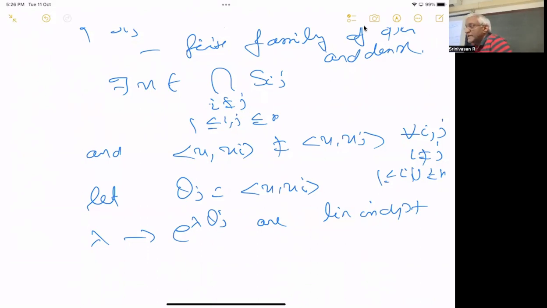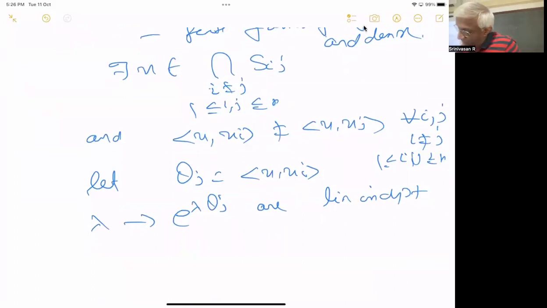And eigenvectors of any operator, but this is a Banach space of functions, have to be linearly independent. That is one way of saying it. Or we can do something else. So these are all linearly independent for different j's, for j less than or equal to n, greater than or equal to 1.